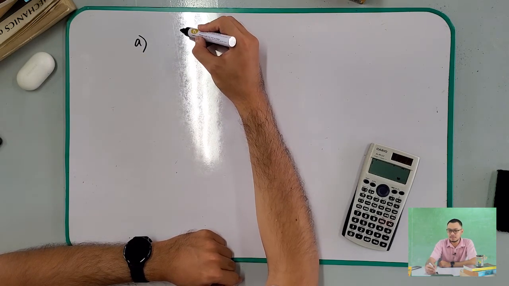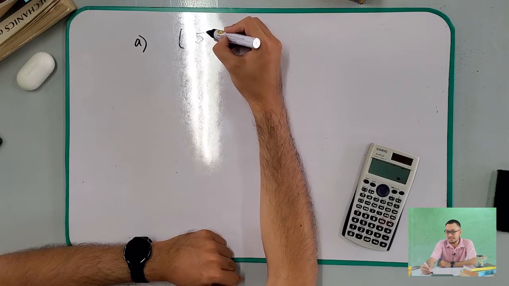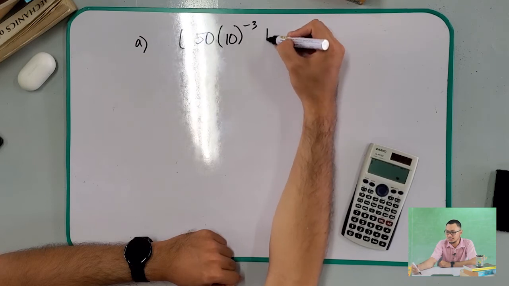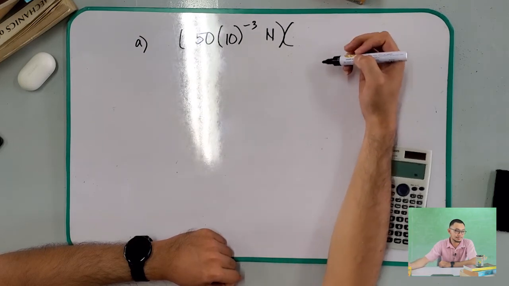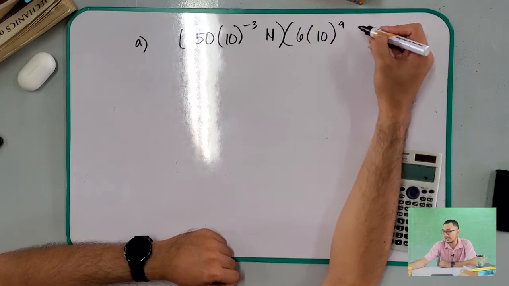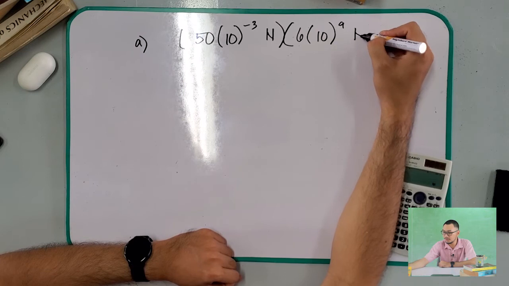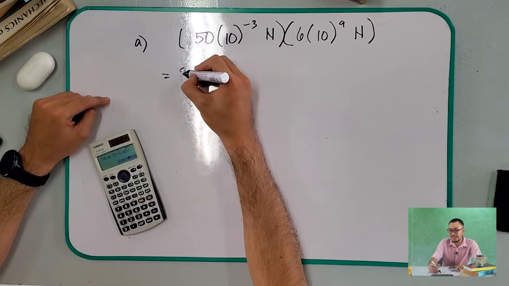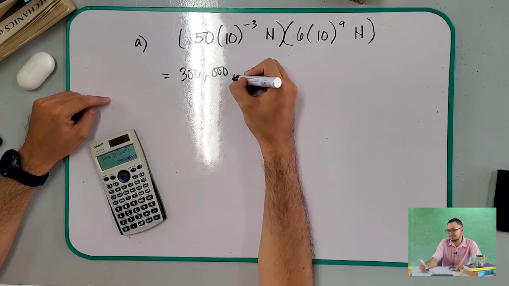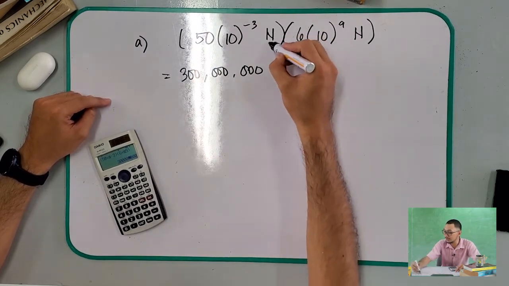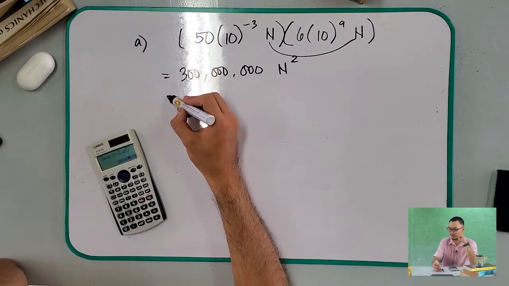So, we convert this, right? 50 times 10 to the power of negative 3 newtons times 6 times 10 to the power of 9 newtons. Okay. So, simply multiply, 300 million newtons squared. Take note, squared because newtons times newtons.